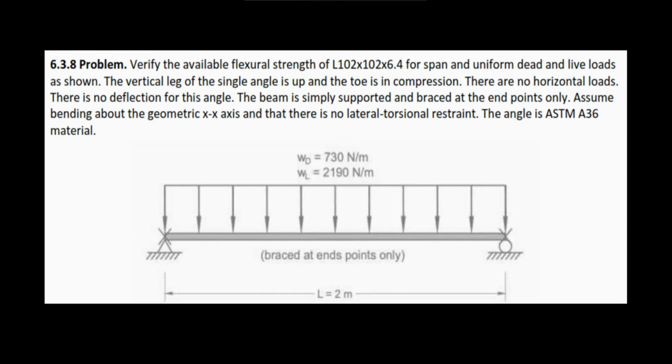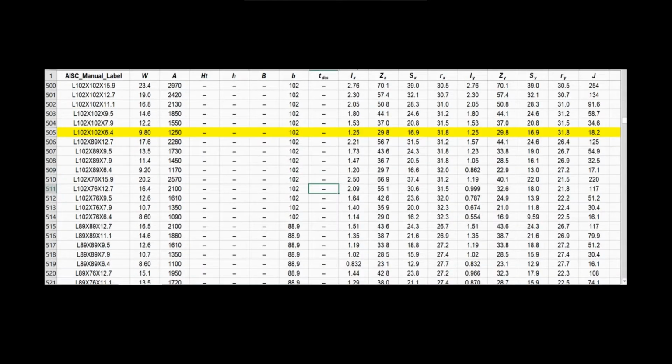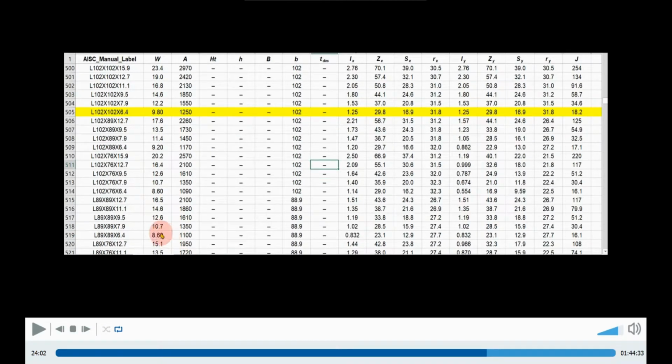And for the ASTM A36, our yield stress would be equal to 250 megapascal. So opening your steel handbook or your CSI steel application, we have the geometric properties of this section. So kindly take note of the properties because we will be using this in solving the unknowns.